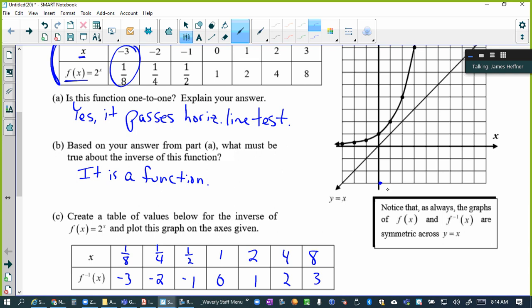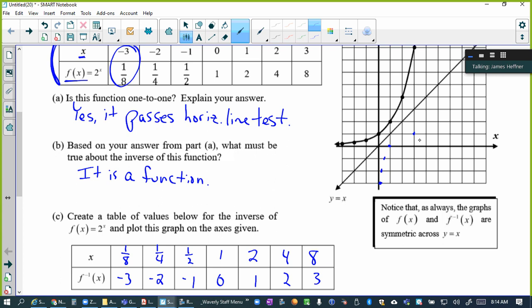Roughly, you just have to estimate. And then 1/4 would be at -2, roughly, and then 1/2 would be at -1. And then at 1, we're right at 0. And we go over 2 and then up 1.